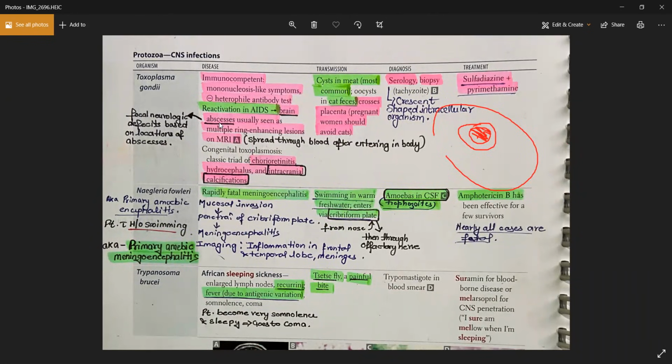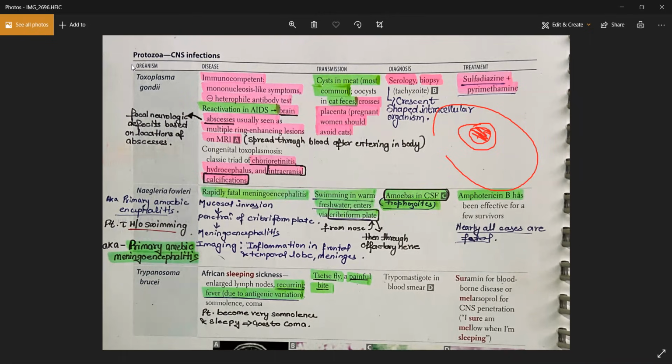So whenever you encounter a patient having CNS symptoms, because they're damaging your brain parenchyma, what you can expect is paralysis or focal neurologic deficits, right? And when you do the MRI, you will find multiple ring enhancing lesions. Whenever you get multiple ring enhancing lesions, you will always think about Toxoplasma gondii.